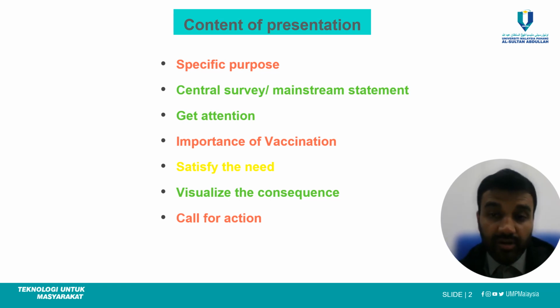I have characterized all these in colors. Red means most serious, green is the moderate level, and yellow is the lowest one. So it is easy to understand in the speech which are the most serious parts of this campaign.